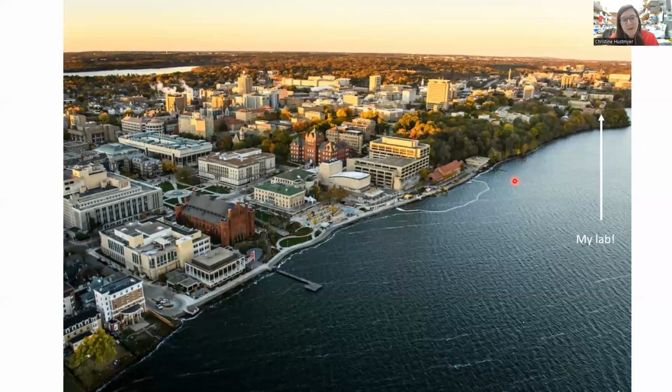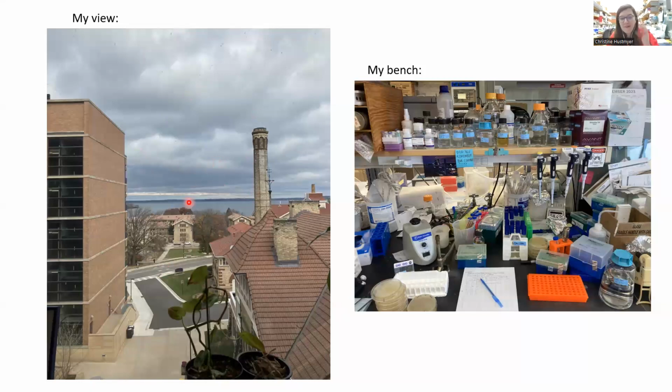This is the campus, and my lab's right over here. We sit on a small body of water called Lake Monona. This is the view from my lab, which is where I'm at now. So I have a lake view, which is nice.